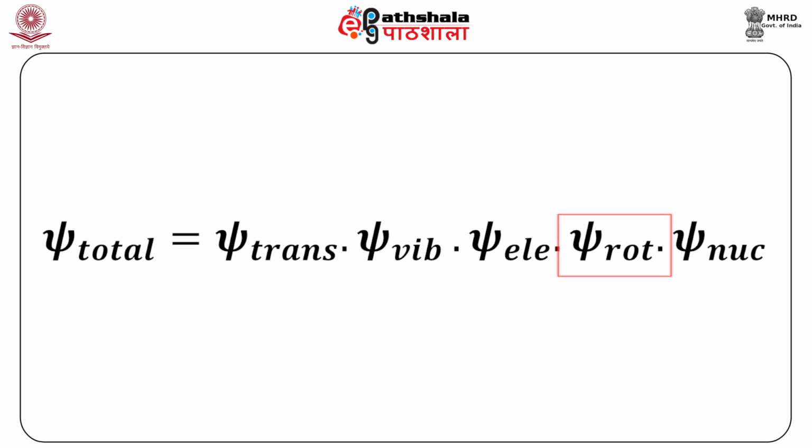As I mentioned earlier, the total wave function for a molecule is always expressed as psi translational, psi rotational, psi vibrational, psi electronic and psi nuclear. It is the product of all these. Psi translational, psi vibrational and psi electronic are even functions for the H2 case.